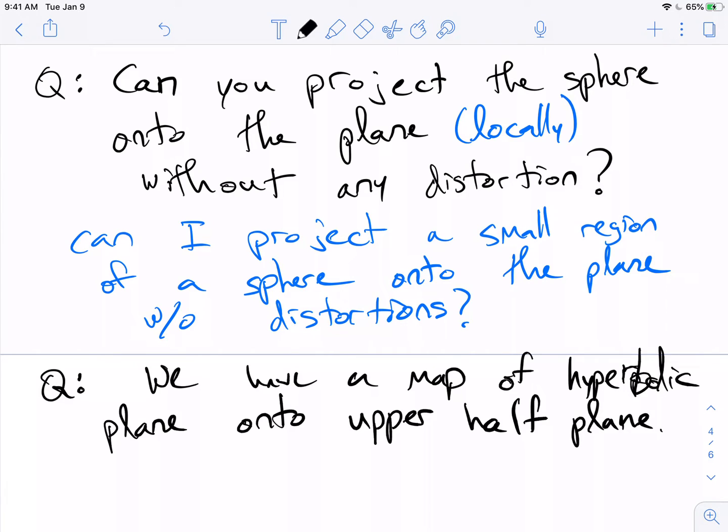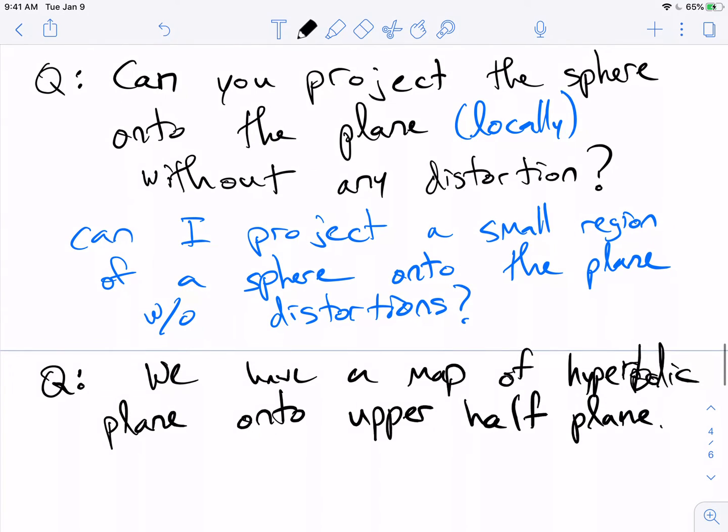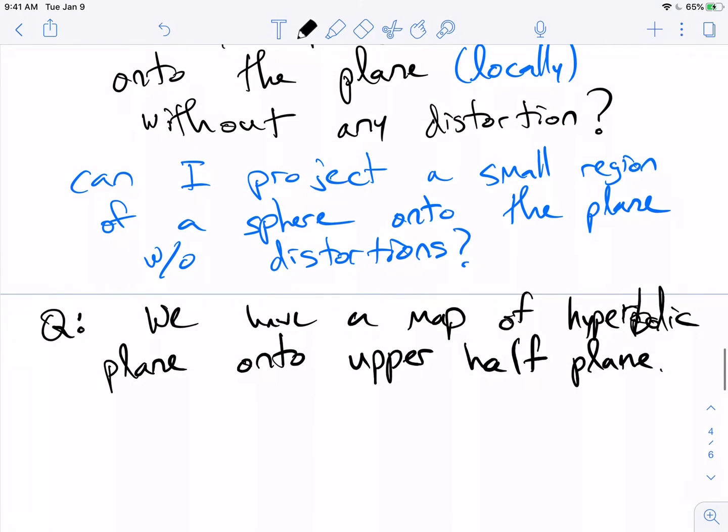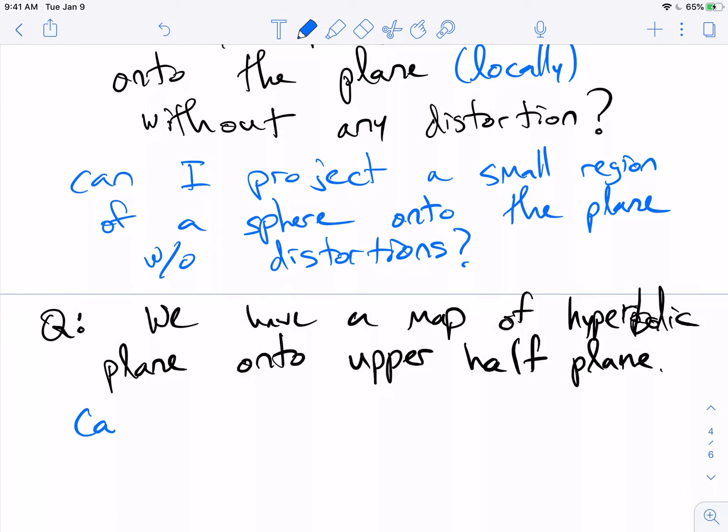Distances are not preserved under this map. And so you could ask, well, is there a different map, a better map, that sends the hyperbolic plane onto part of the Euclidean plane without distorting anything? That would be great, right? That would make calculations a lot easier. And as you might guess, the answer is no, but you can ask the question locally.